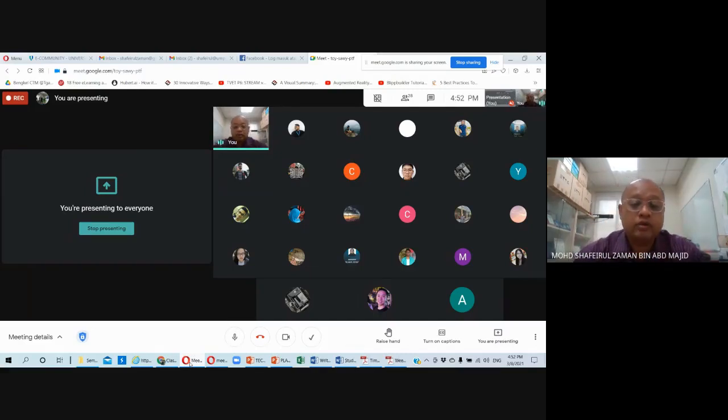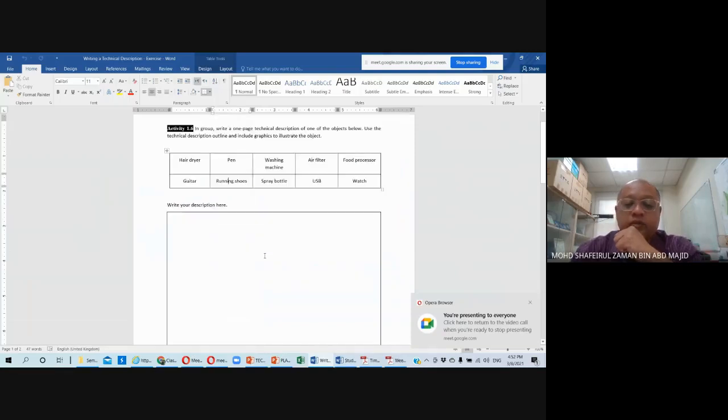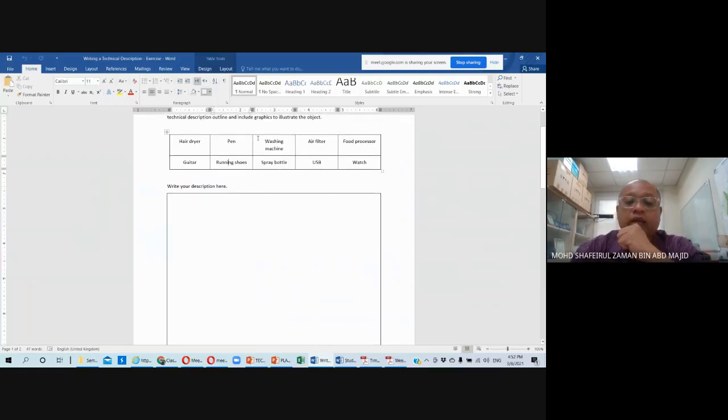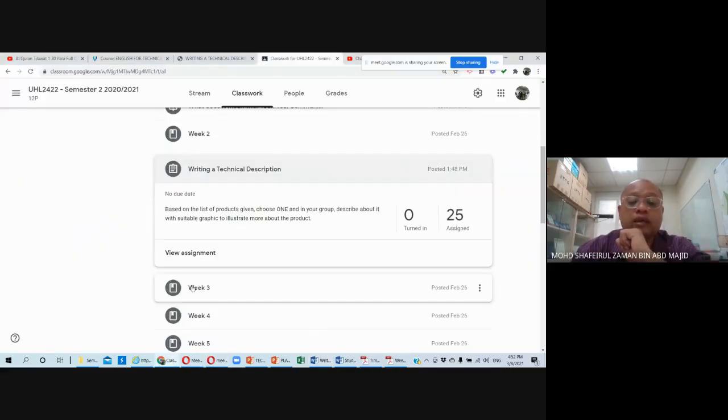Remember your task: choose one of the products over here, and then write your description together with the graphic. Once you have completed this, save it in PDF form. Go to Google Classroom, look for the heading writing a technical description, and submit it there.